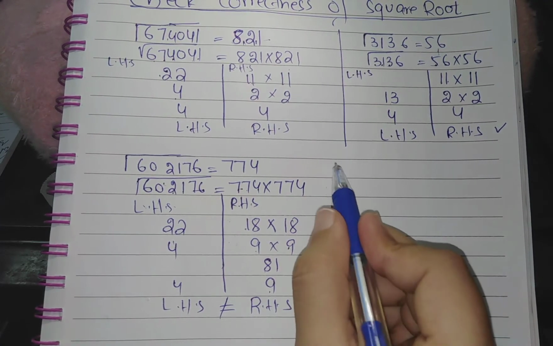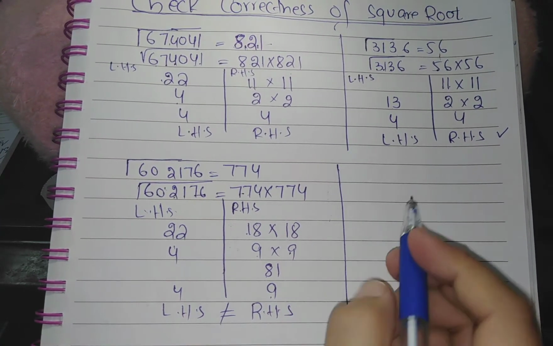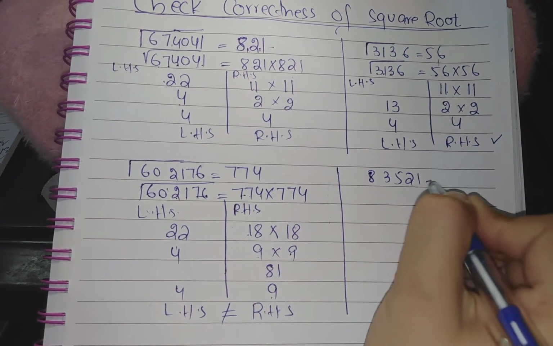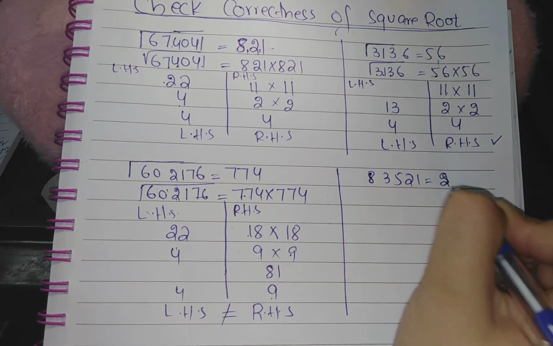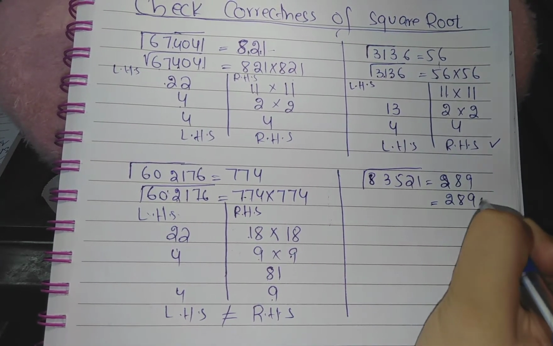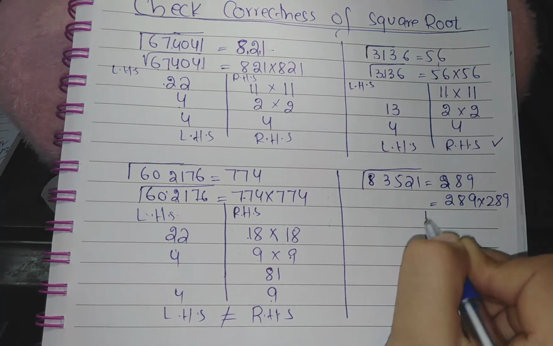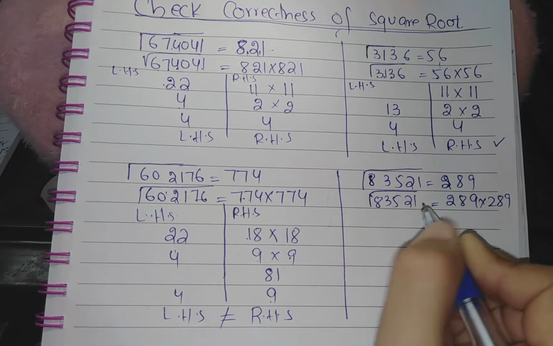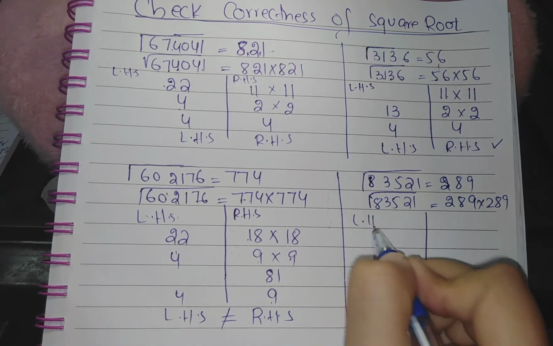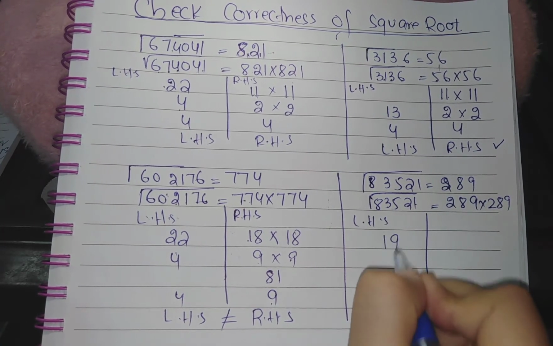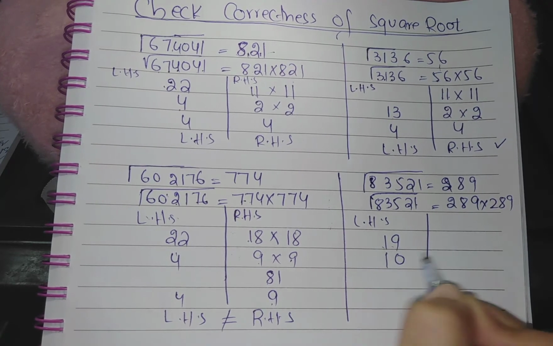Let's take another example. 83521 equal to 289. This will be 289 into 289. So considering the left hand side, this will be 8 to 10, 5, 15, 16 and 16 and 3 is 19, 9 plus 1 is 10.